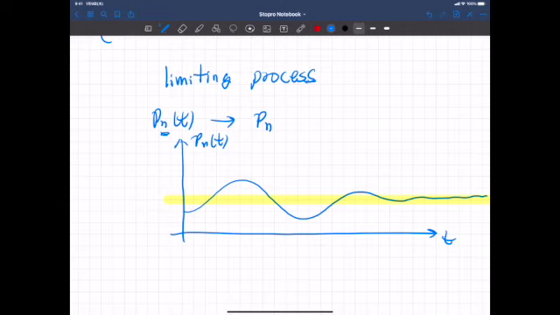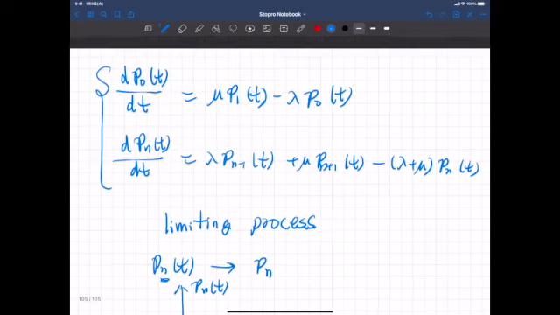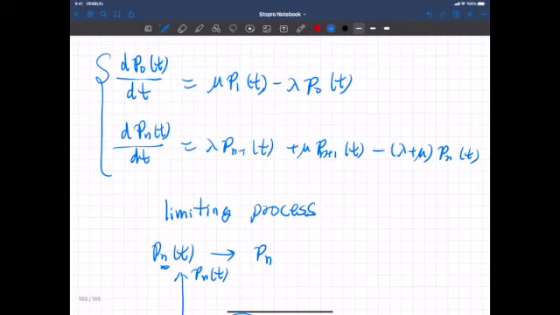But if it does converge, then we can apply various techniques to analyze the behavior of this system. So, for example, if lambda is greater than mu, then what happens? This implies that customers will arrive at a faster rate than customers leave from the server. So the queue will grow infinitely larger and larger, and it will explode.